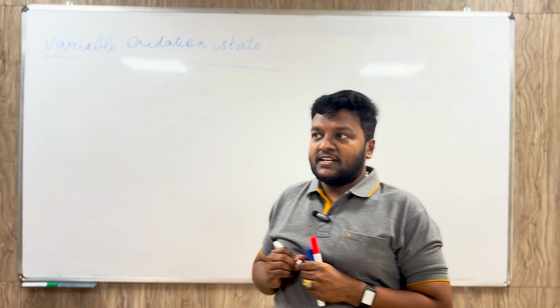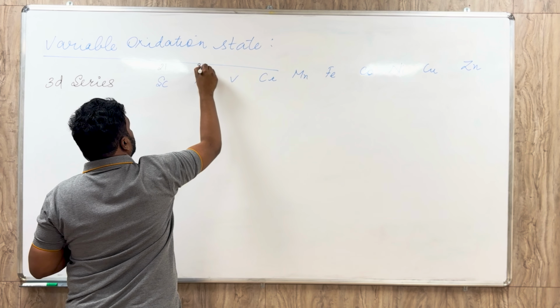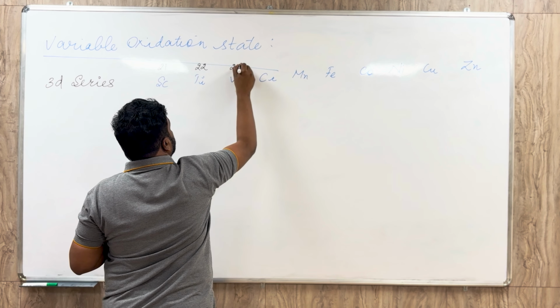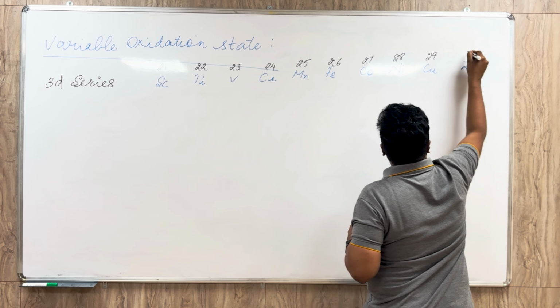So these are the 3D series. See the 3D series atomic numbers: it starts with 21, then 22, 23, 24, 25, 26, 27, 28, 29, and then 30.